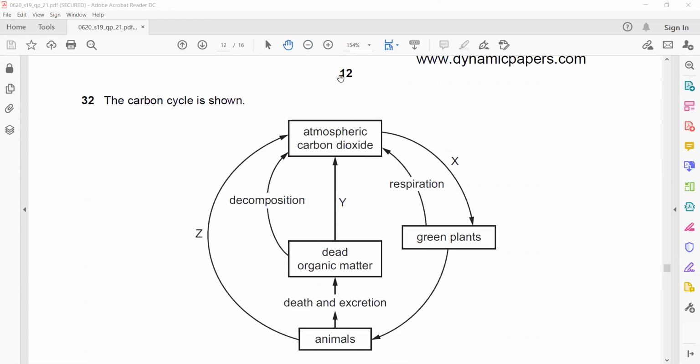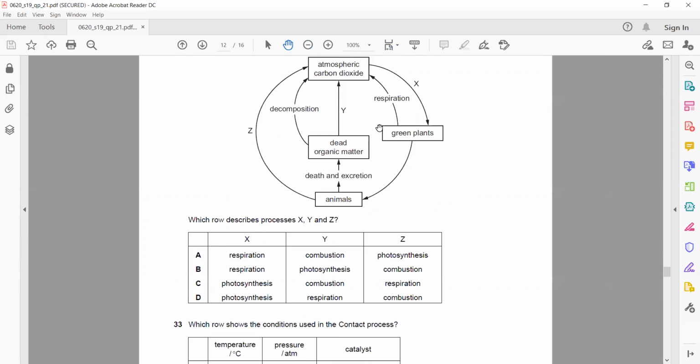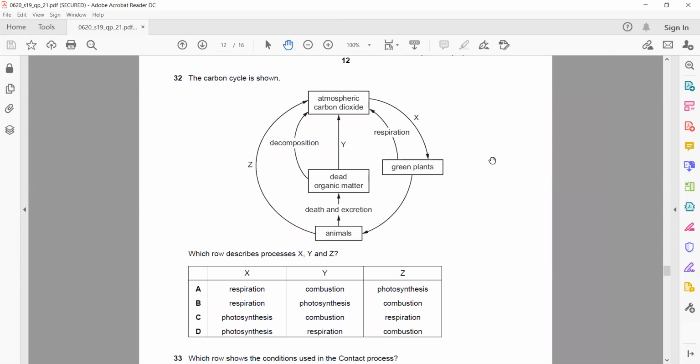The carbon cycle is shown, and the question is which row describes the processes X, Y, and Z? Question 32.